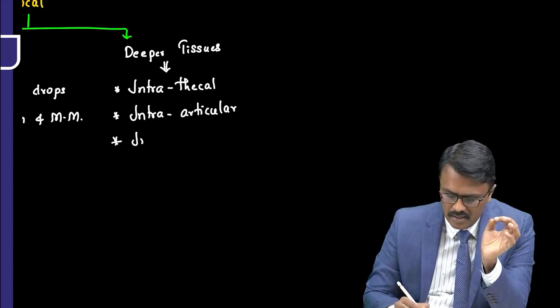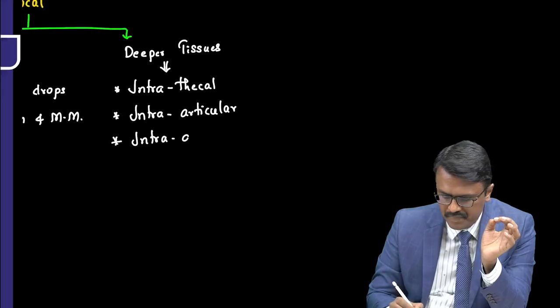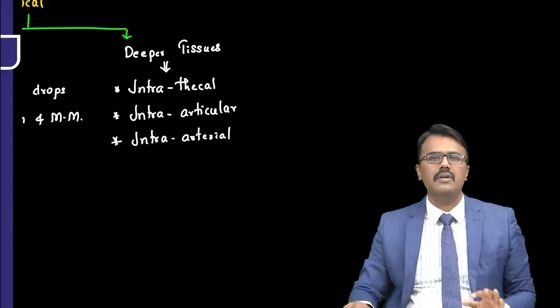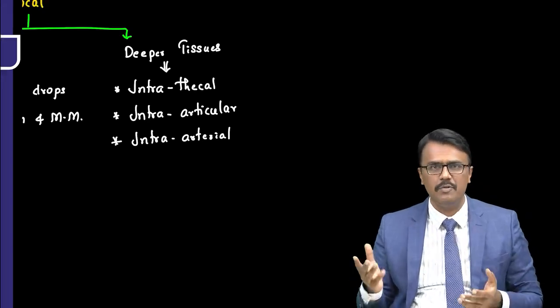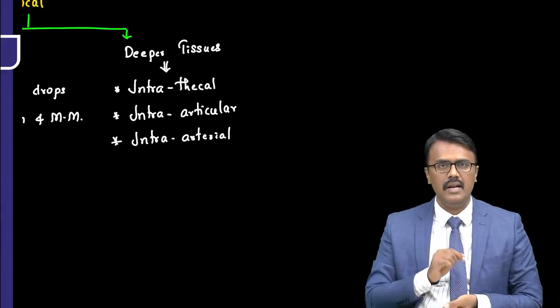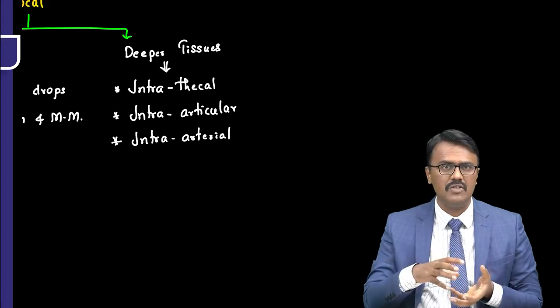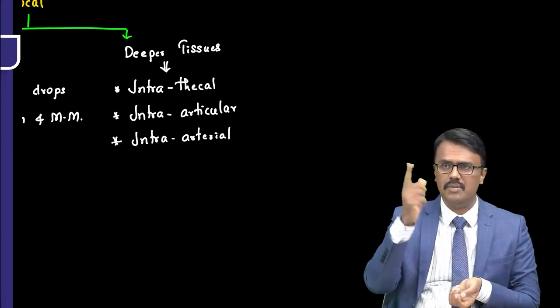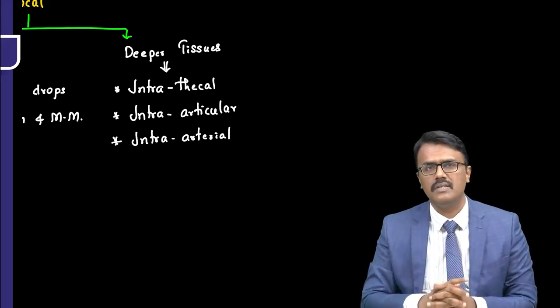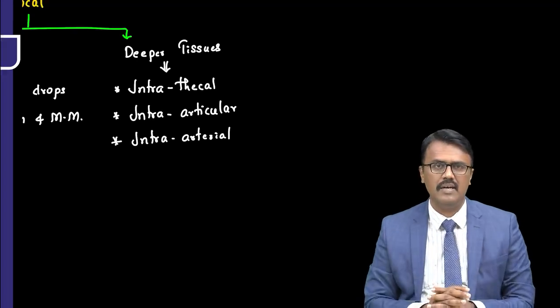And then intra-arterial. So intra-arterial, usually we don't take the artery for giving IV fluids and all. Why? Number one, arteries are deep inside. Number two, the pressure inside the artery is so high that when you try to puncture it, the blood will come out. So it is deep and very difficult to access.